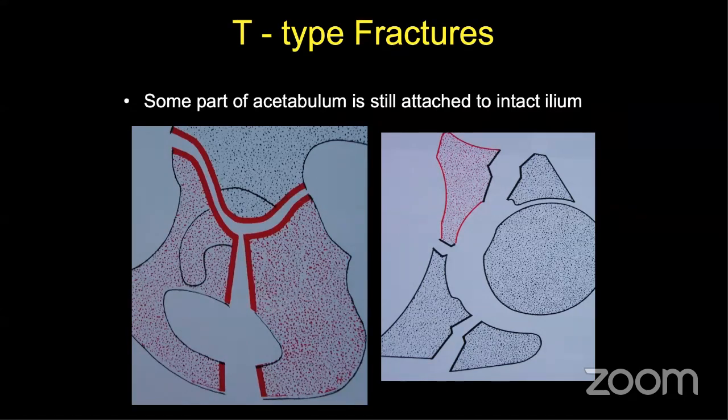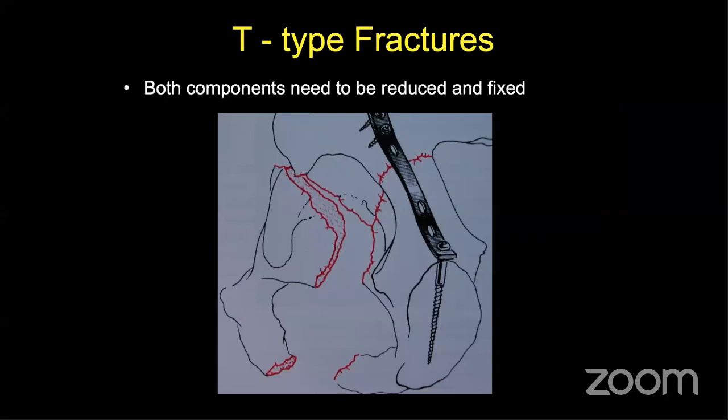And if you see a fracture line going through that, then you know that this is a T-type fracture. The important part of a T-type fracture is that some part of the weight-bearing dome of the acetabulum is still attached to the intact ilium. And the importance is that if you don't appreciate it's a T-type fracture and reduce one component from a single approach, you might not be able to reduce the other component.